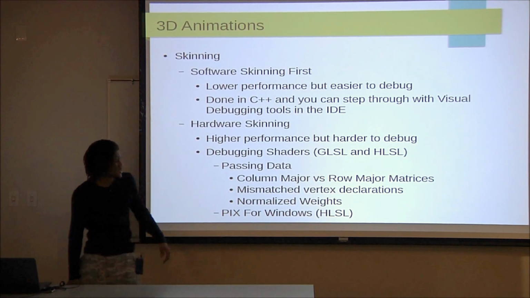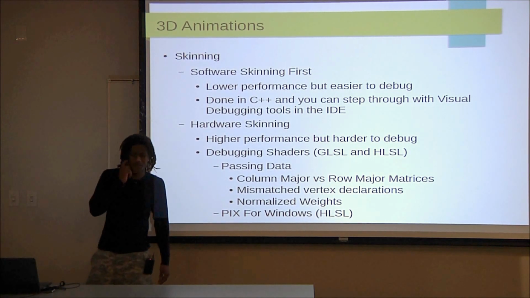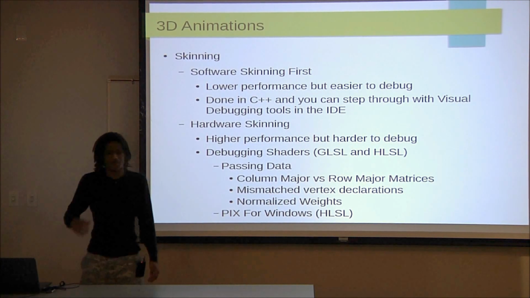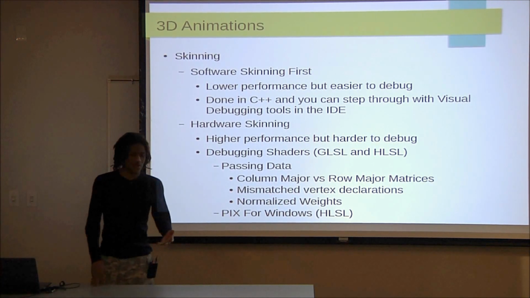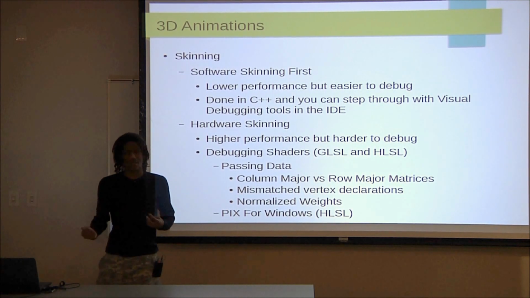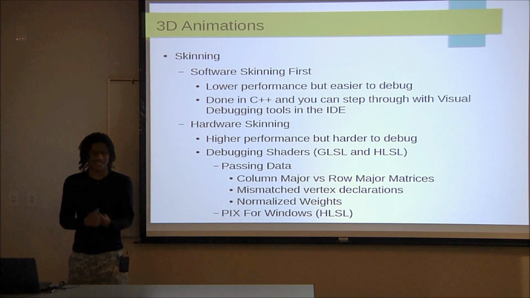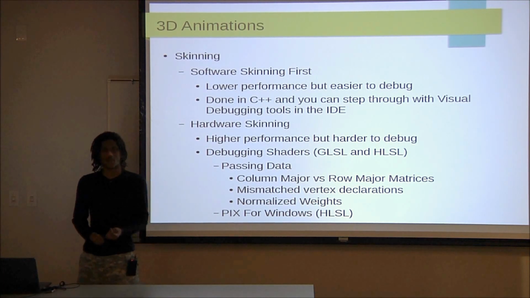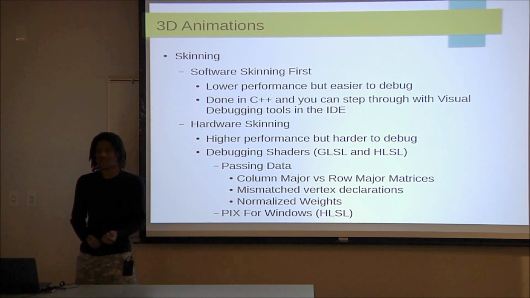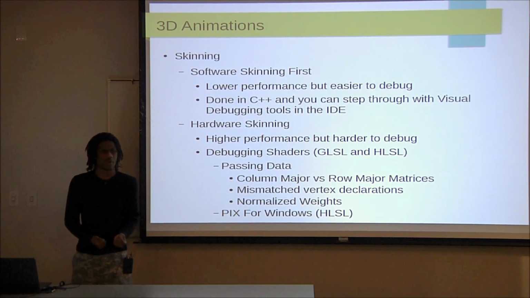Mismatched vertex declarations. This is another thing I ran into. I think it was when I set up my vertex declaration, you can set up whether you're passing 3 floats or 4 floats. I think I was saying I was passing 3 floats, and then in the shader, 3 floats for my position, I think.